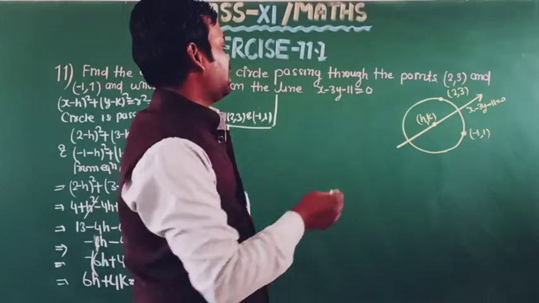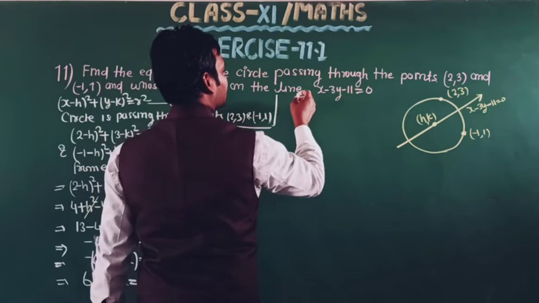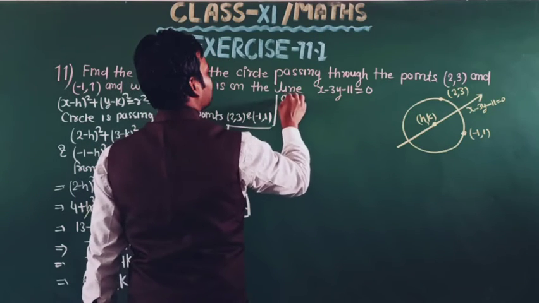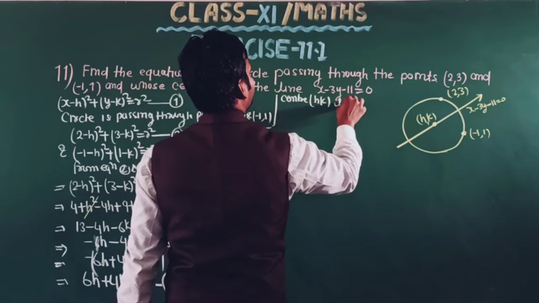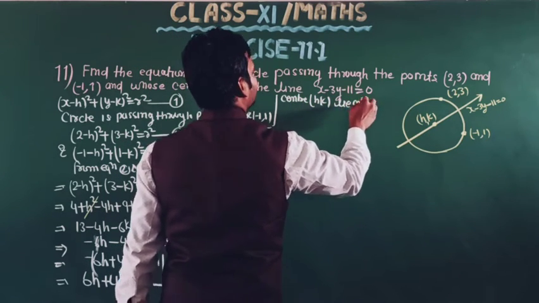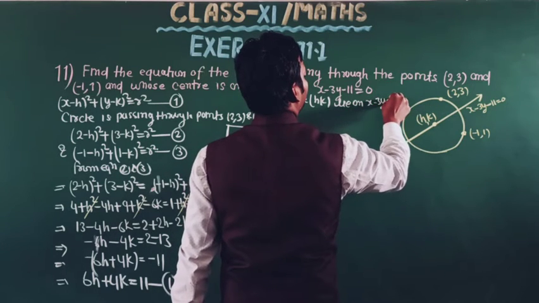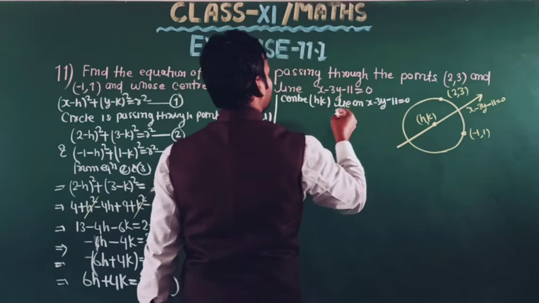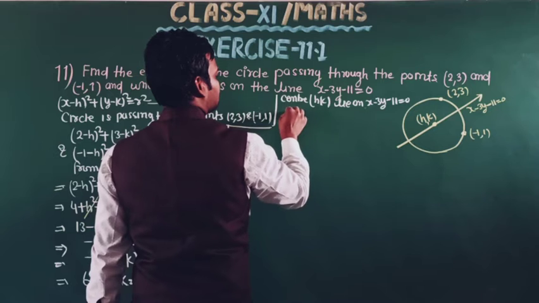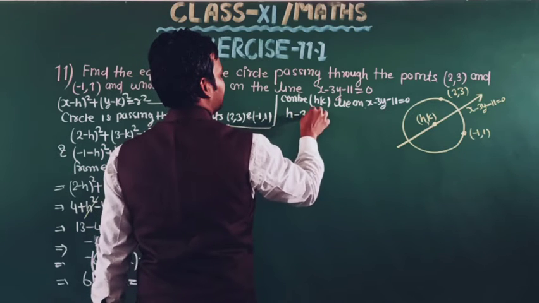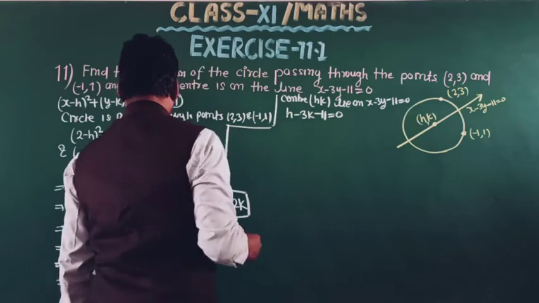Okay, so here the center (h, k) lies on x minus 3y minus 11 equal to 0. So therefore this is h minus 3k minus 11 equal to 0.